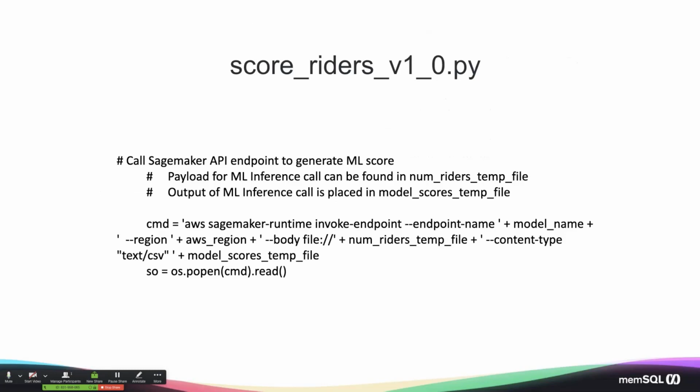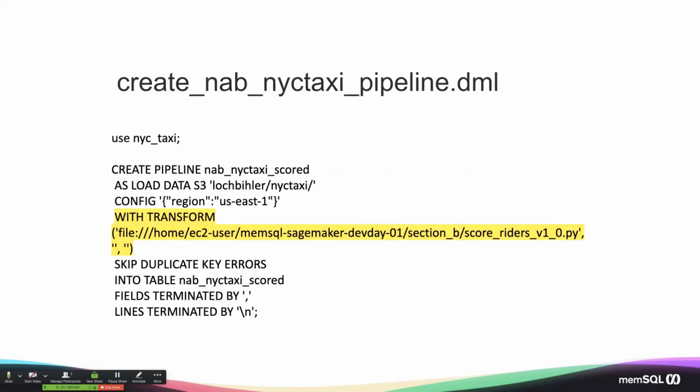For this particular transform, we happen to be using Python. But within MemSQL, you can use Python or any executable that can process standard in and generate standard out in the correct format. In this case, you can see that Python script will actually call the SageMaker runtime and invoke the model for every event that comes through. The way we add this to our create pipeline statement is we just add the with transform clause and point to the location where the Python script is stored.